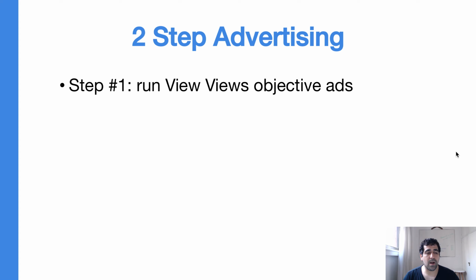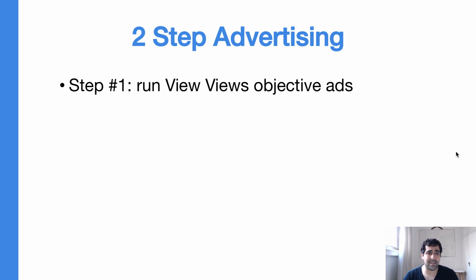So step number 1 of the process is you're going to run video views objective ads, right? So basically you're going to do a video on something. You are not pitching anything yet. You are training or sharing something, and you are going to be promoting that with video views so that people watch you teaching them something.